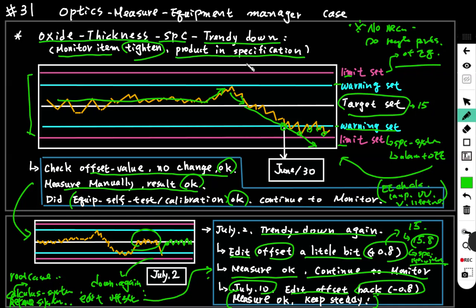So this kind of unsteadiness this time, the wrinkles, was due to the equipment calculus system. And the engineer had experience in this lab to edit the offset to correct this calculus system back to normal.